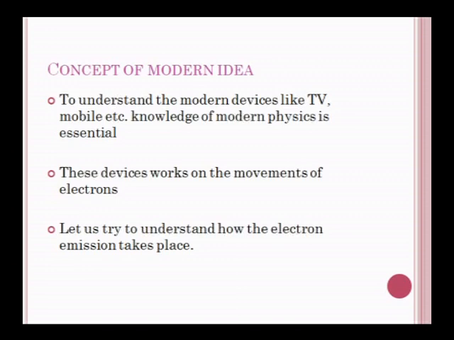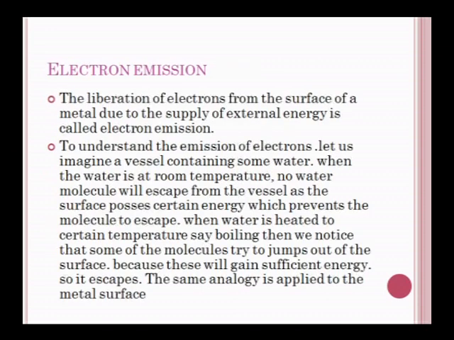So in modern physics the first idea is how best we can remove the electrons from the metal surface. Likewise we have what is called electron emission, which takes place from the metal surface due to external agencies.